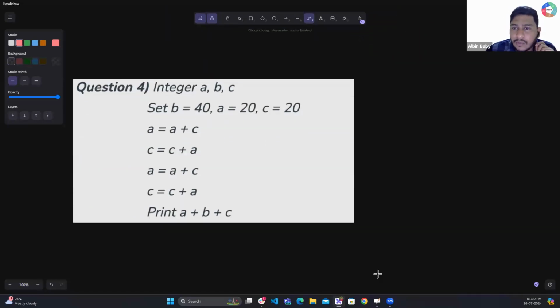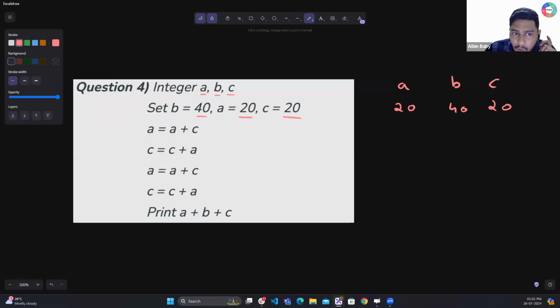Now the next question is you have three integer variables A, B, C. Set B equals to 40, A equals to 20, and C equals to 20. Got it?